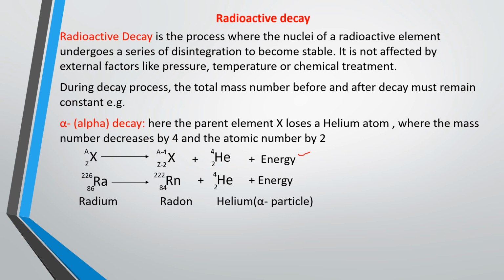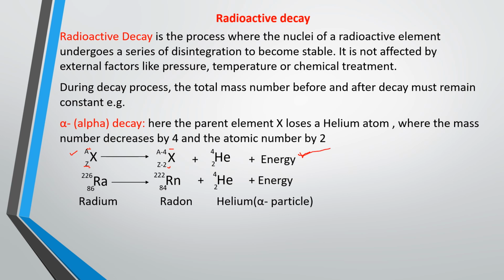X is the parent atom with atomic number Z and mass number A. So the mass number will decrease by 4 and the atomic number by 2, and that gives you a helium atom, with mass number 4 and atomic number 2, plus energy that is released.